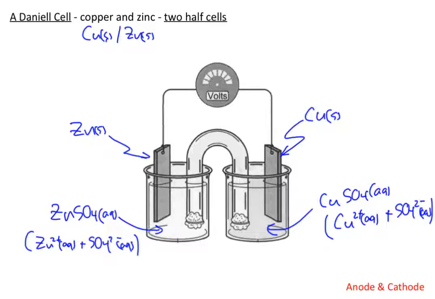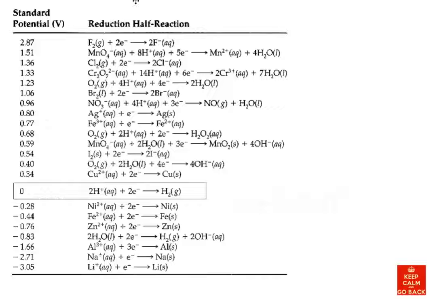These two electrodes are known as the anode and the cathode. So how do we determine the anode and the cathode? Well, we have to consult this table. It's known as a standard reduction potential table. All half reactions are written as reductions, and each reduction half reaction has an associated potential as compared to 0 for a hydrogen half cell.